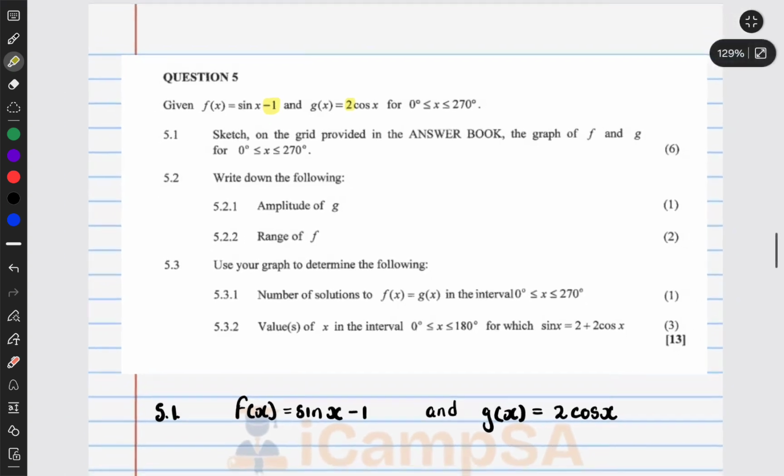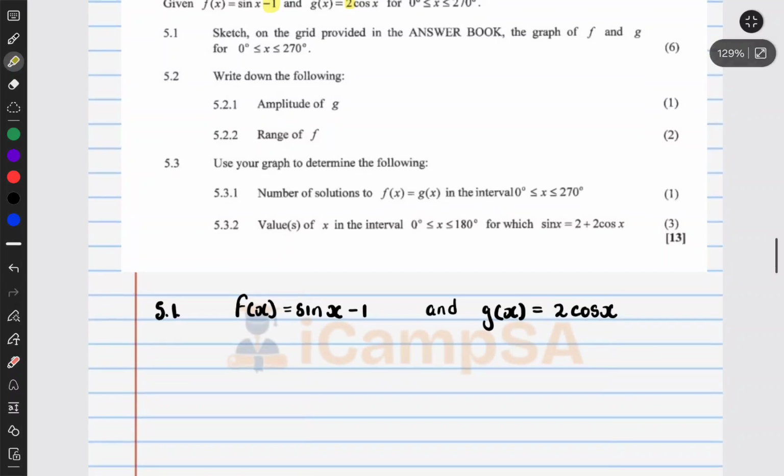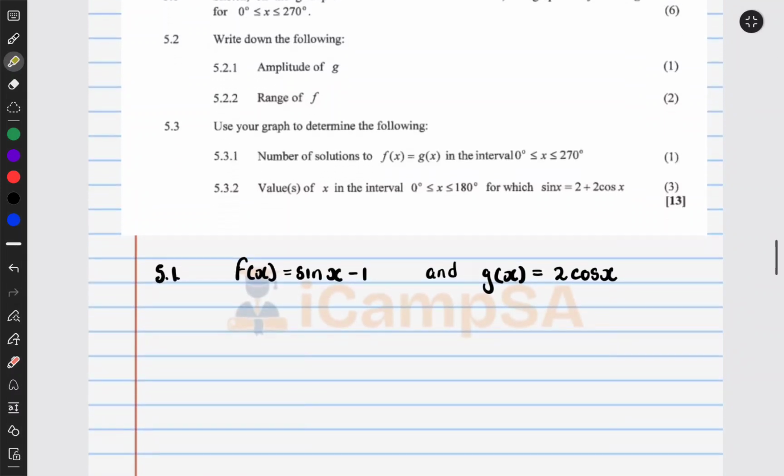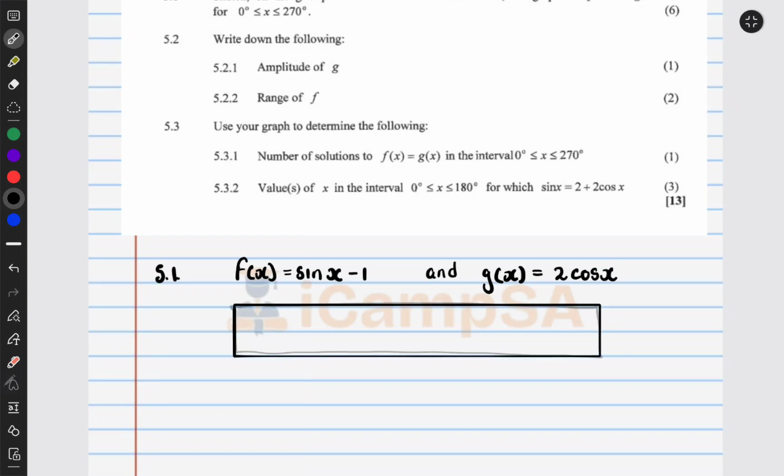Once we are here, let's go into our table and start sketching the functions.